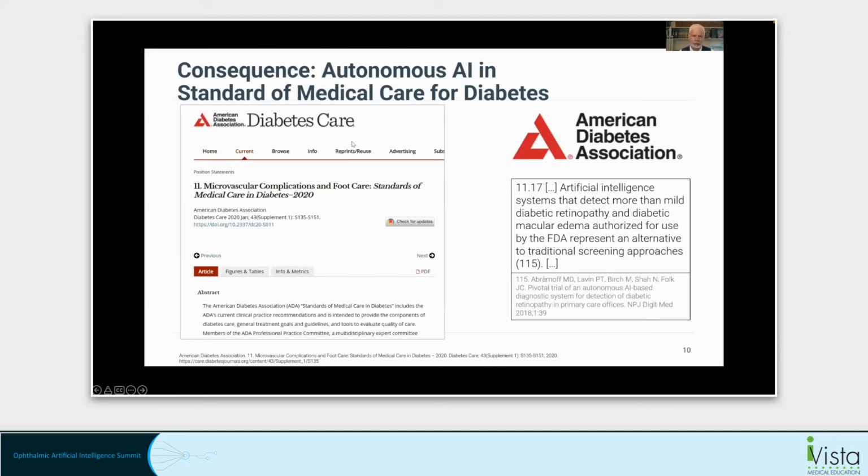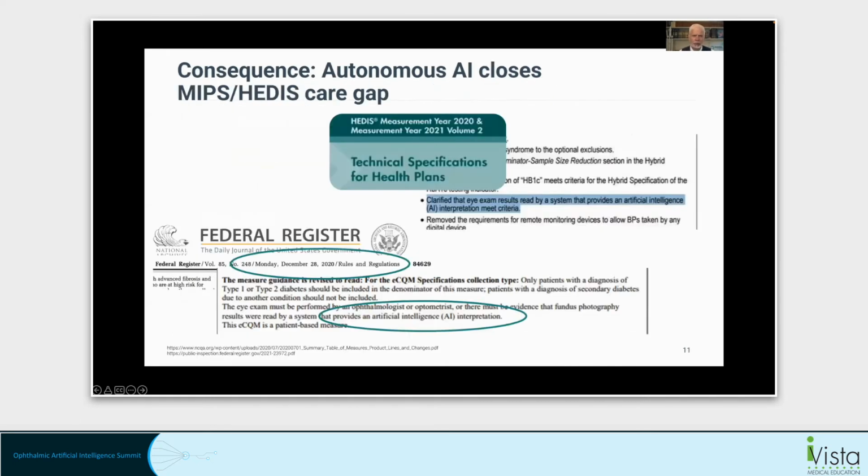So all of this led, and I already mentioned it, to inclusion in the standard of medical care for diabetes, which is part of the American Diabetes Association standards work that many ophthalmologists are involved in. I already mentioned autonomous AI can close a MIPS or HEDIS care gap now. The language specifically says that an AI can be used, not only a human.